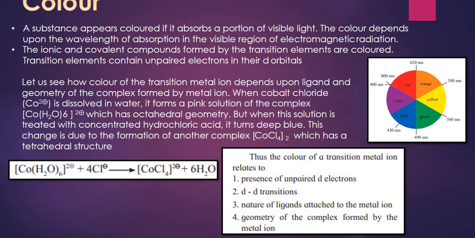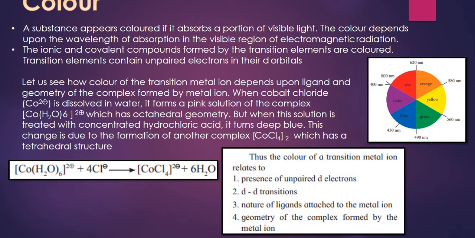When the atoms are free or isolated, the 5d orbitals are degenerate and have the same energy. And in a complex, what will happen? The metal is surrounded by solvent molecules or ligands. The surrounding molecules affect the energy levels of the d orbitals, and they no longer remain the same.